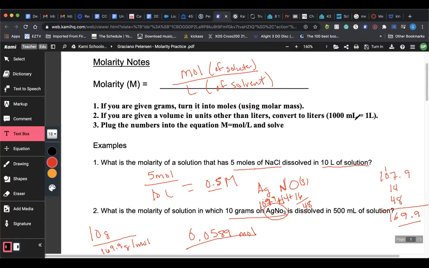I have milliliters, but I always have to use liters. To turn milliliters into liters, I have to move my decimal point 3 places to the left. So 1, 2, 3. I'm going to divide this by 0.5 liters. So that my molarity is 0.118.